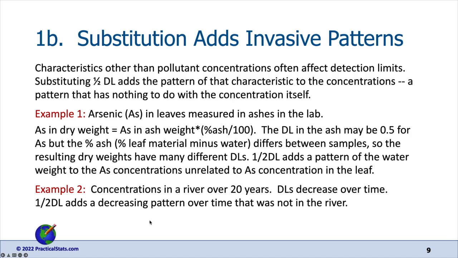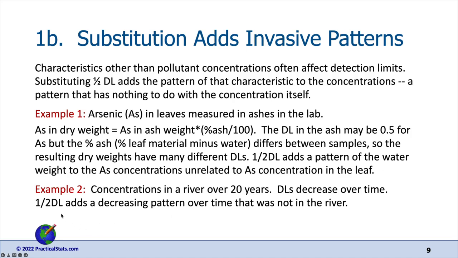Second example, this is the most common example that I've seen. Concentrations in something like a river over a period of time, let's say 20 years, and we measure those concentrations, but detection limits decrease over time. So the other variable that's not related to concentration necessarily is time.